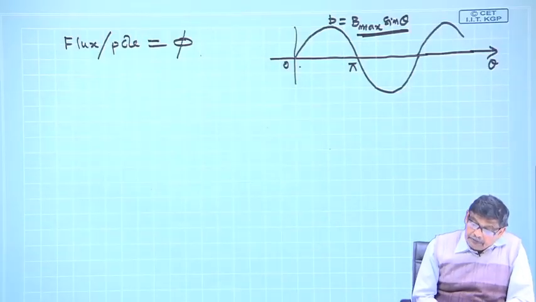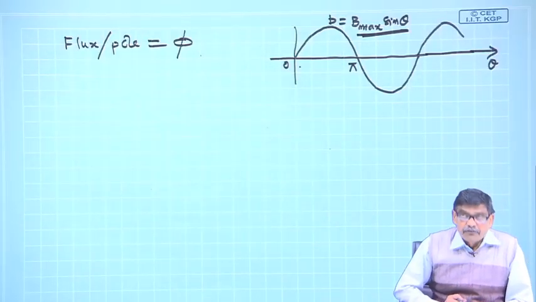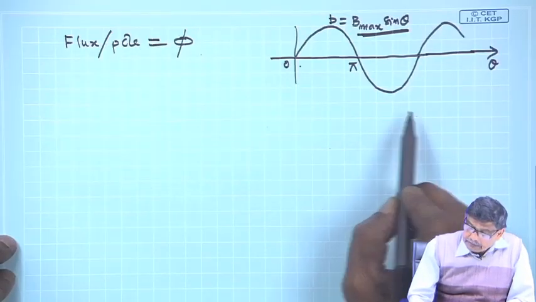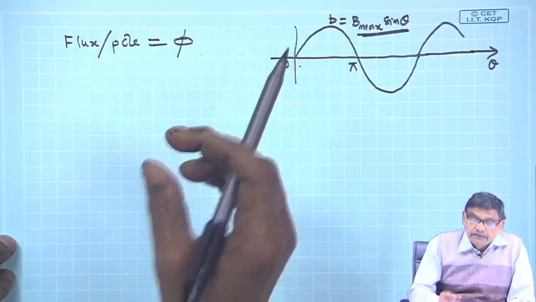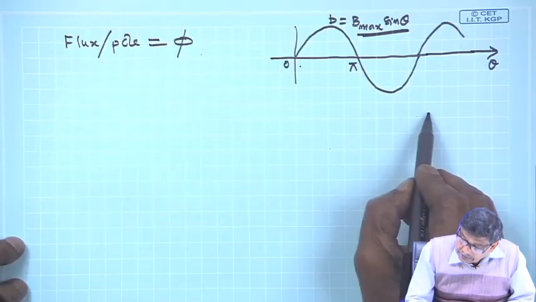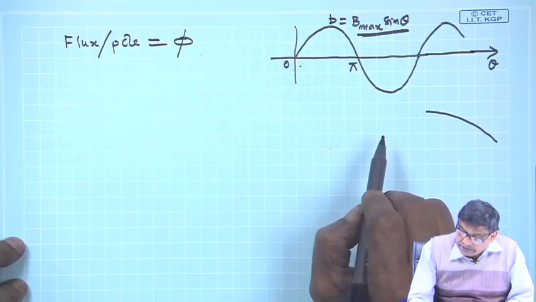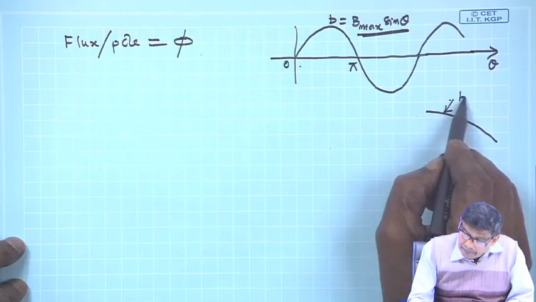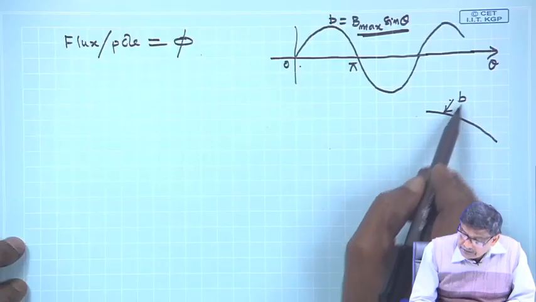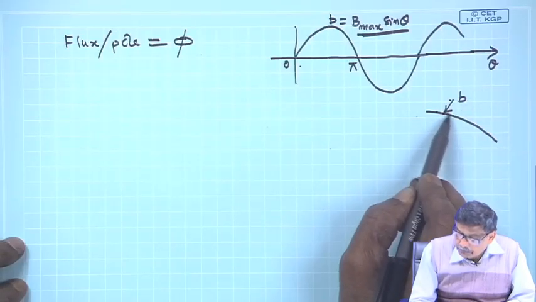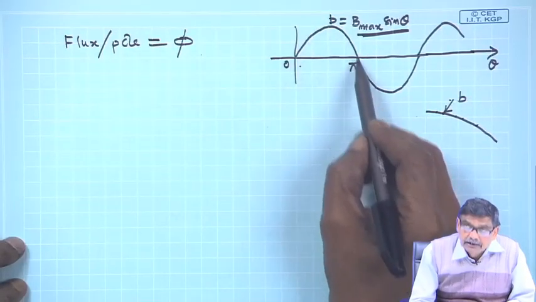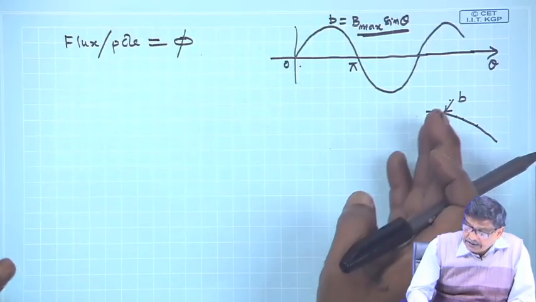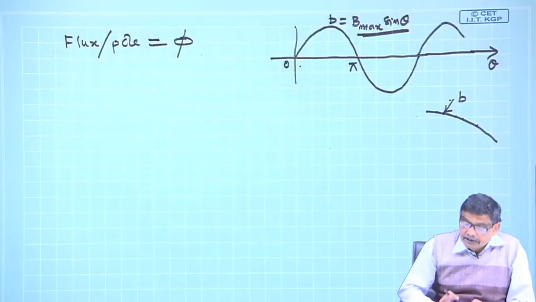Now, how to calculate flux per pole? It simply tells you that this B is to be multiplied by some area. Suppose this is the rotor surface, here is some B, and this B value is varying as you move from one point to the other, because it is sinusoidally distributed. So, it cannot be just some instantaneous B and the whole area.